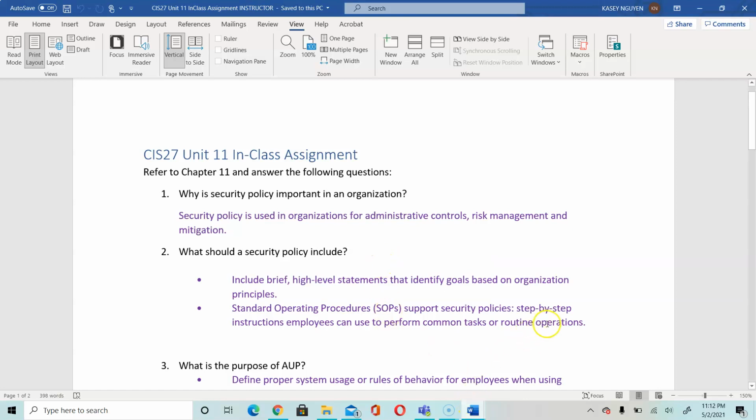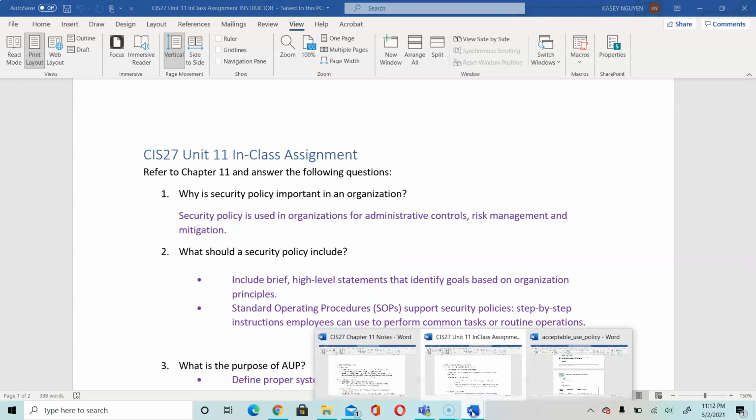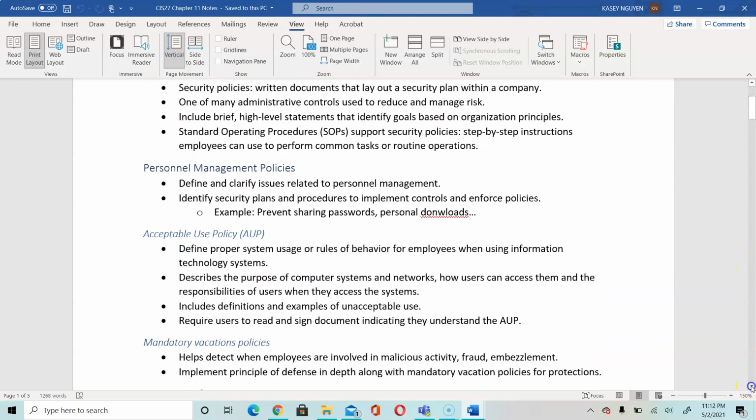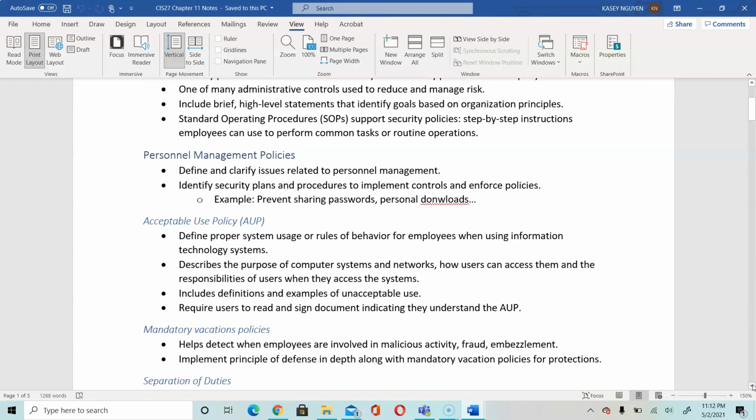In the next area, we're going to talk about acceptable use policy, which I showed the template from earlier. So acceptable use policy specifies the rules or defines proper system usage.